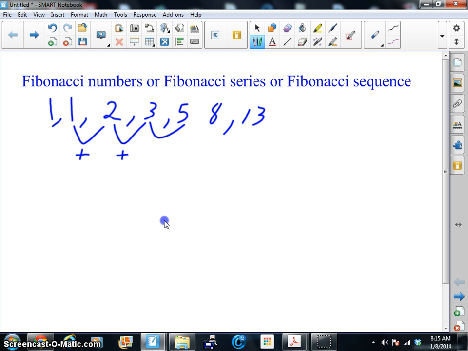And you're probably wondering, why am I going over this sequence? Well, it's very important because we're getting into something called recursive algorithms. Recursive algorithms are algorithms that rely on previous information to move on.